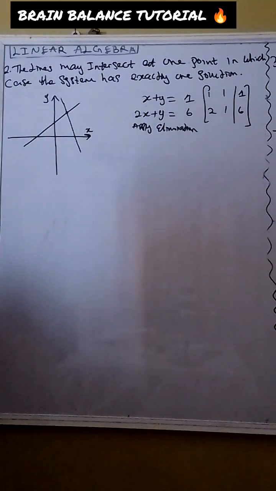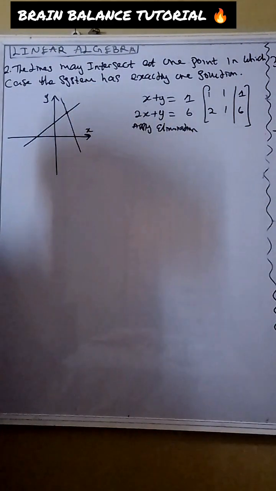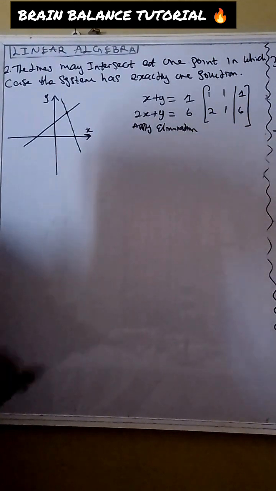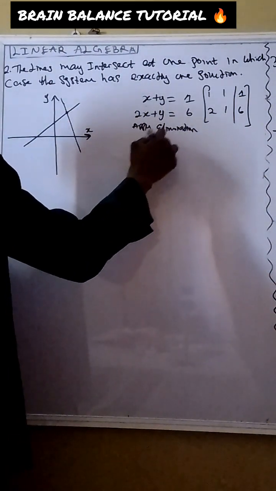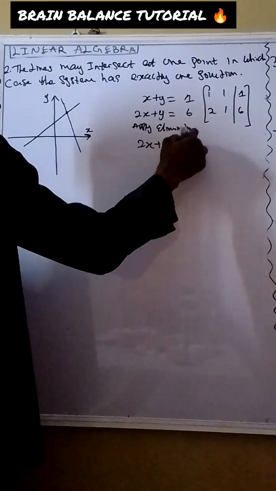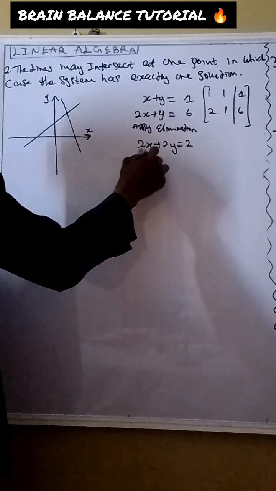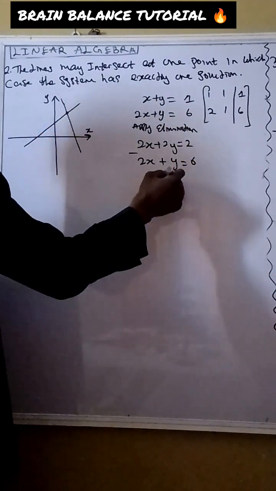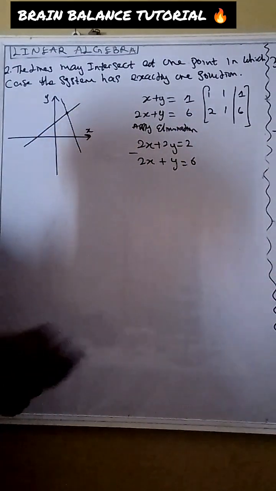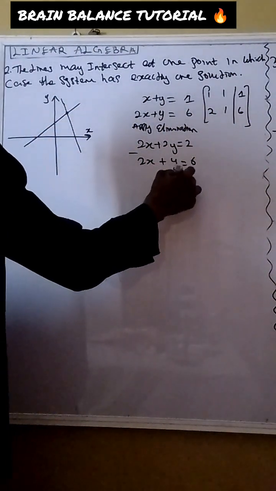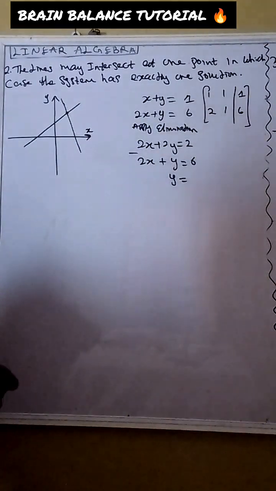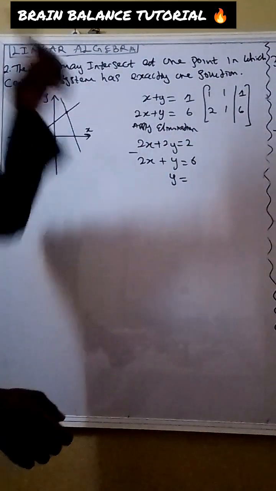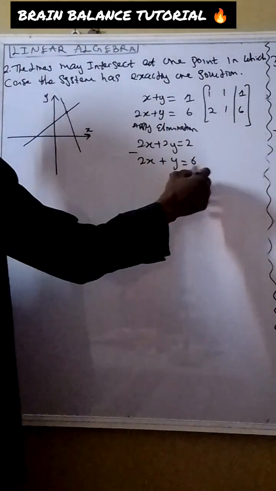So an example, if you express it as normal simultaneous linear equations, we apply the elimination method. Then you have 2x plus 2y equals 2. Then from here you have 2x plus y equals 6. When we subtract, you have y equals minus 4.